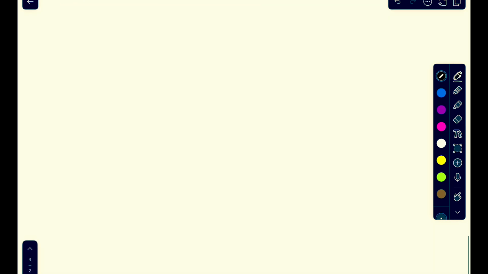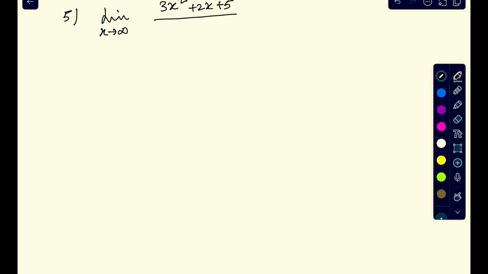Okay, let's take a look at another question. In this question, x is approaching infinity of 3x squared plus 2x plus 5 over 2x squared minus x plus 7.